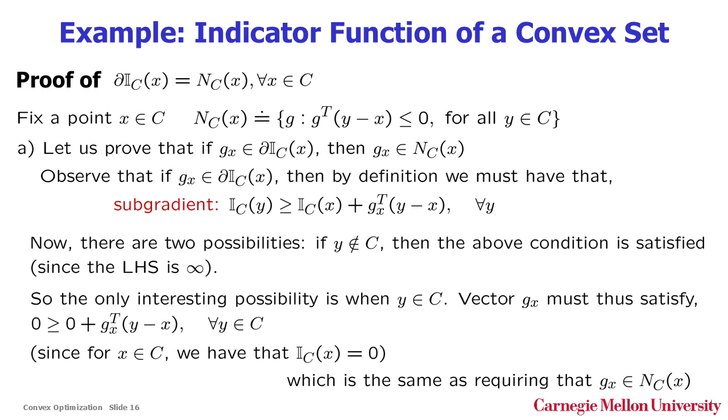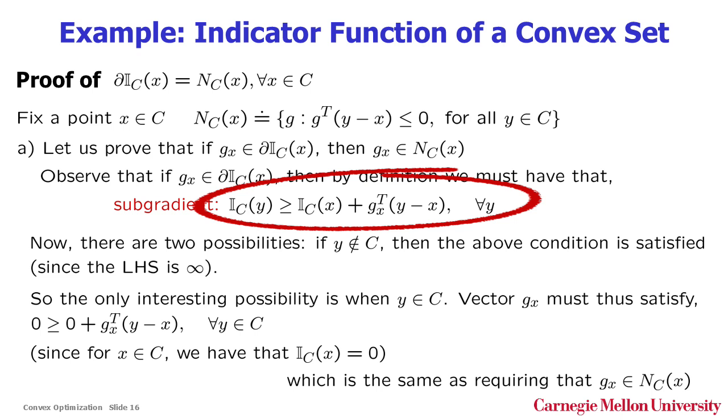So first, let x be in set C, and let gx be an element of the subdifferential of the indicator function. Since gx is a subgradient of the indicator function, it has to satisfy this inequality for all y. There are two possibilities. If y is not in set C, then the left-hand side of this inequality is infinite, so the inequality holds.